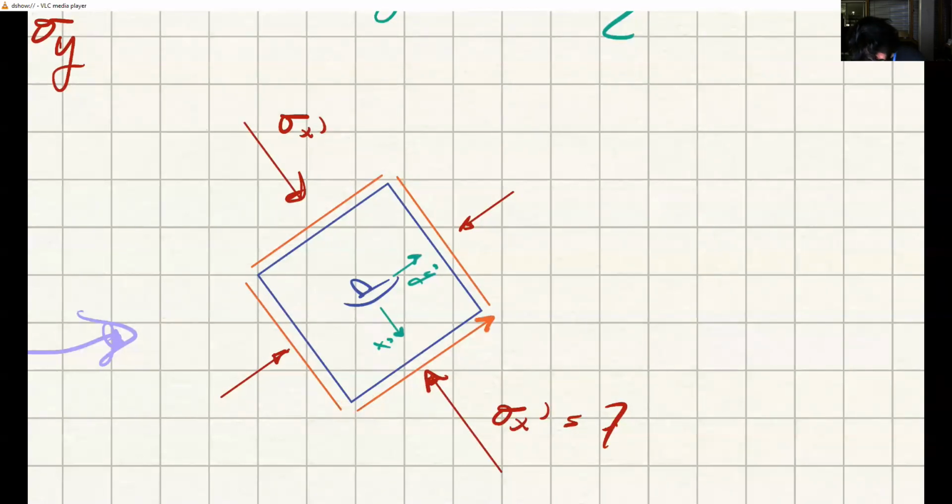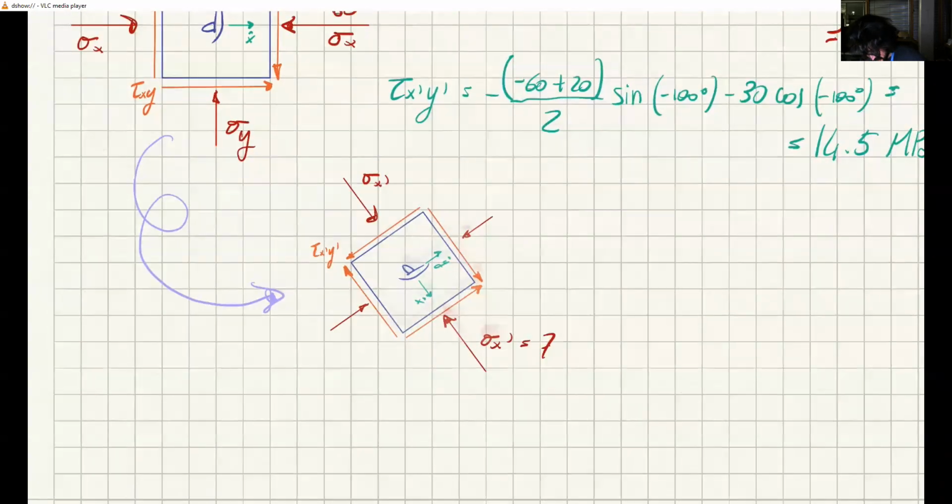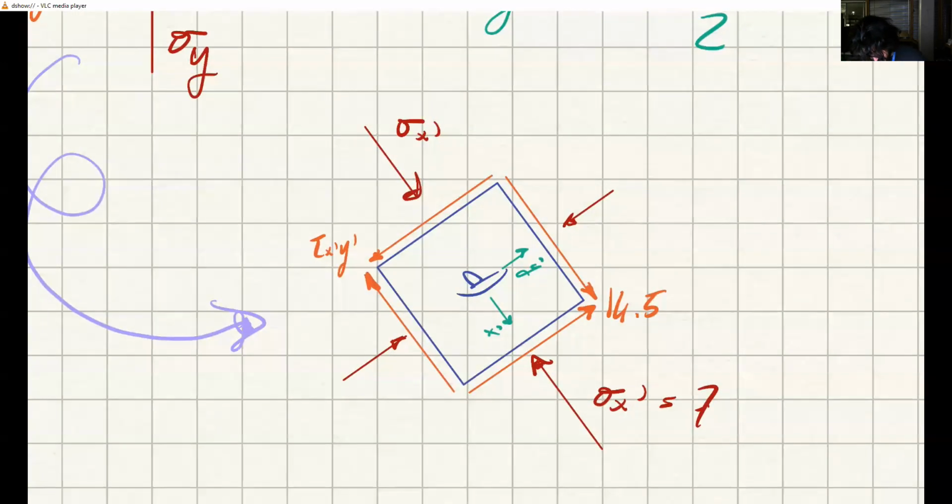So I have this and this and this and this. This is tau x prime y prime, which is 14.5 megapascals. And this is, of course, x prime and y prime, the new axes.